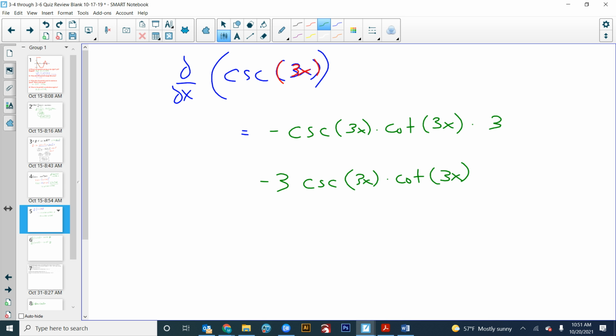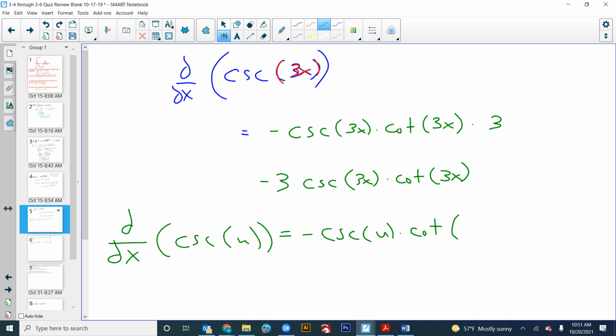It's negative cosecant u times cotangent u times du dx. There aren't two du dx's because it's the derivative of the original's inside. Just one of the threes. Just a 3 because of the derivative of the original one's inside. Does this make sense?